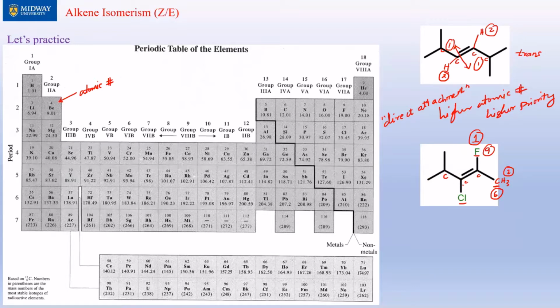Where is the first point of contact for this carbon next in the series? This is attached to the C on one side and Cl. And Cl is 17 and carbon is 6. So this again gets first priority, this gets second priority. Again, what I'm really saying is the first point of contact. And 1 and 1 are on the opposite side. 2 and 2 are on opposite side. So this is an E.